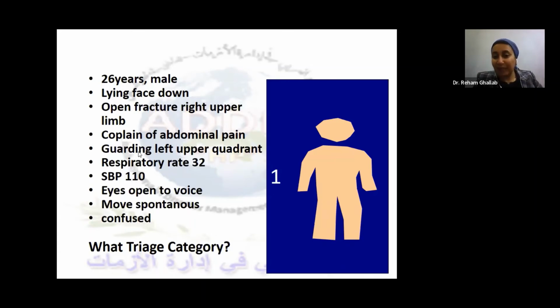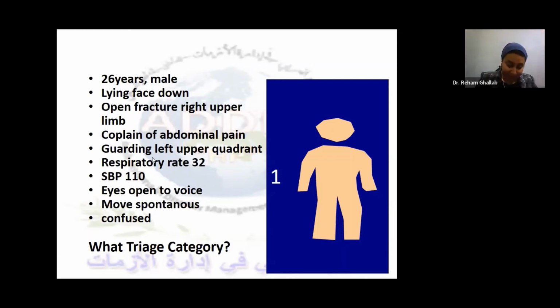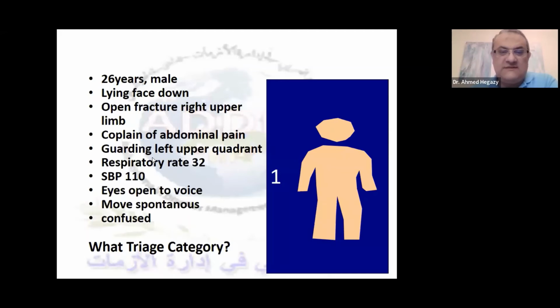Let's calculate the Glasgow scale. Please calculate it with me. I know it's not an easy task, but it's really important.